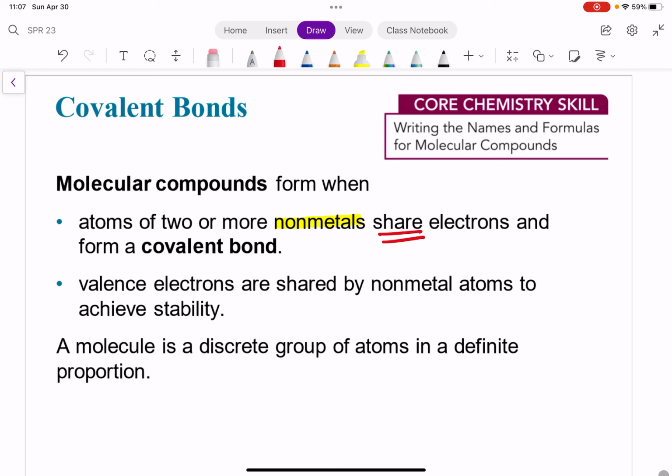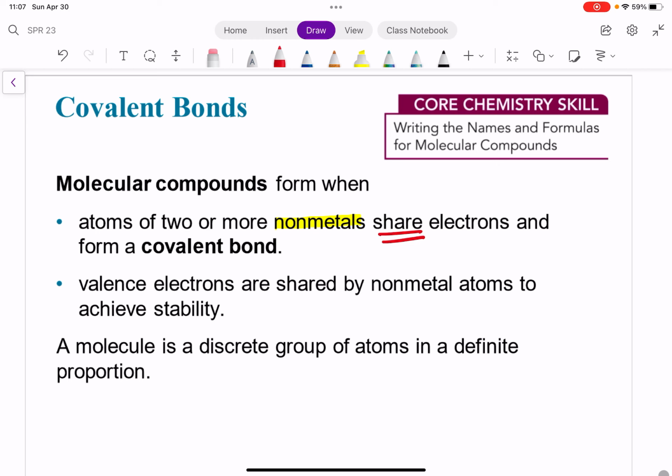And valence electrons are shared by nonmetal atoms to achieve stability. So again, remember, everyone wants to be like a noble gas, and noble gases are extremely stable. And so if we have the right number of valence electrons, either by transferring in an ionic bond or sharing in a covalent bond, we're happier.